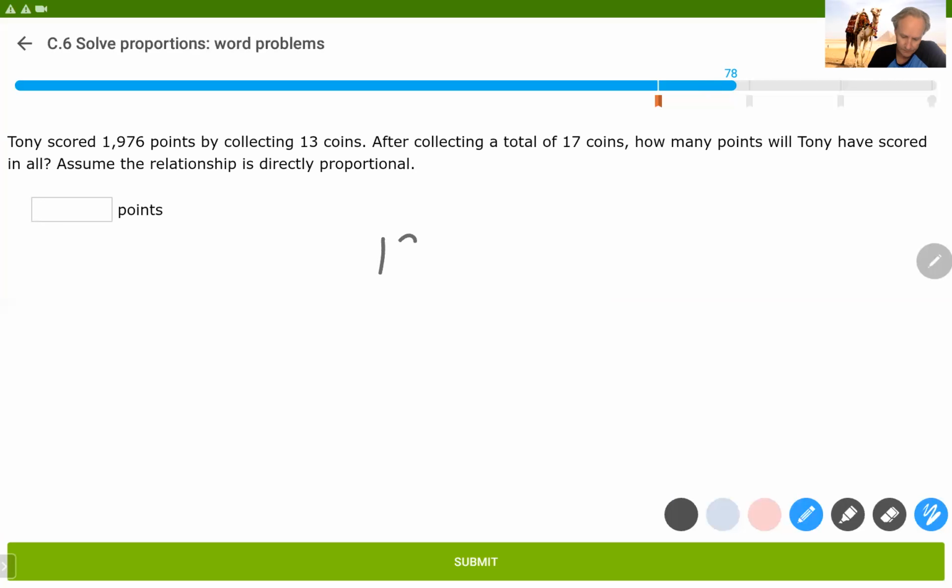1976 points for 13 coins. We can reduce this. 13 goes in there. 13 into 67. Let's divide it.